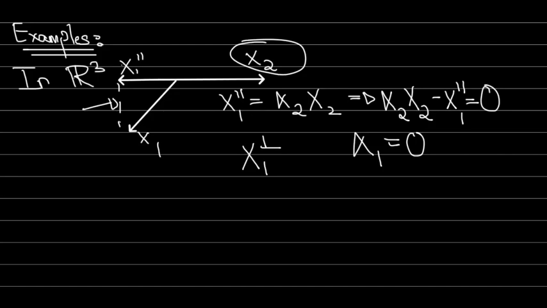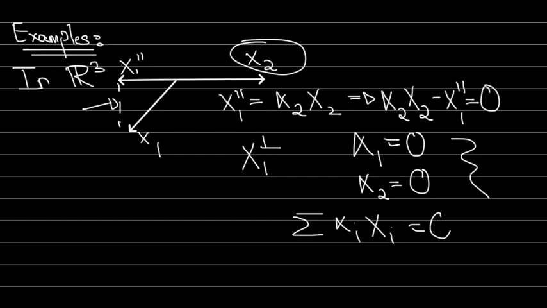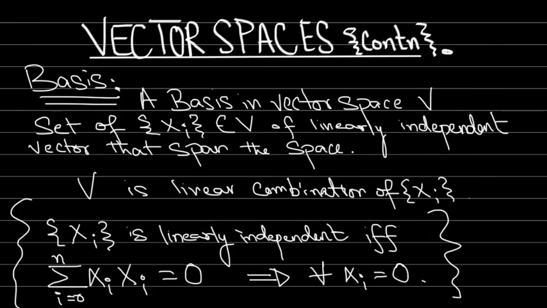But if alpha 1 is 0, then alpha 2 should also be equal to 0, since nothing is left to cancel out. So if we take the sum of alpha i xi equal to 0, that is how we define that a set of vectors xi is linearly independent if and only if this condition over here is satisfied.